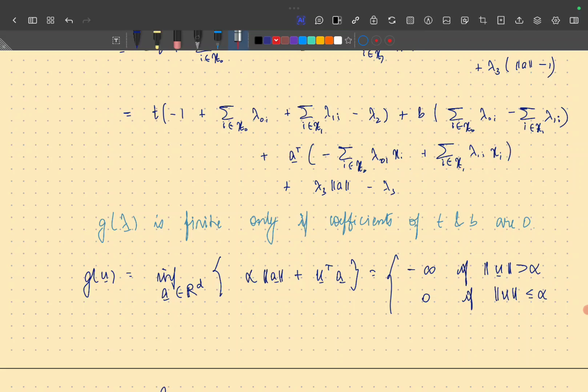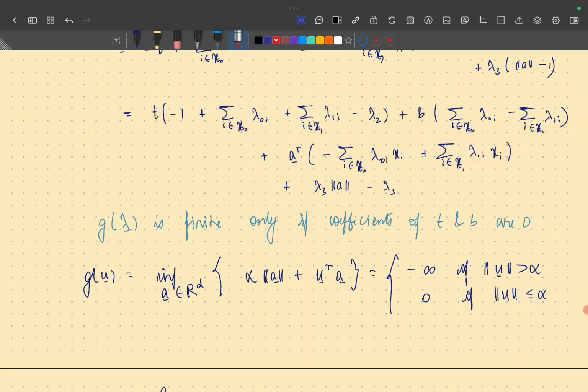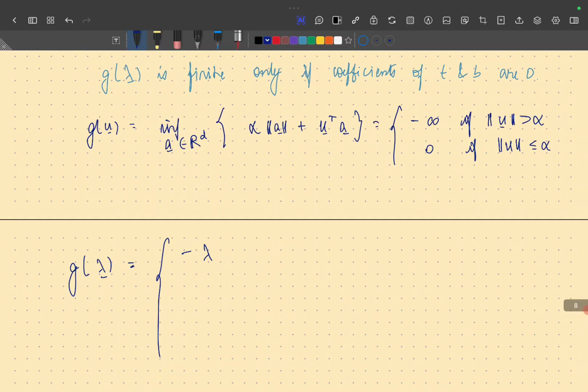If not, what is the finite value it can take? The first term would be equal to 0, the second term would also be equal to 0, and this term would also be equal to 0. So if it is finite, then this would be just minus lambda 3.